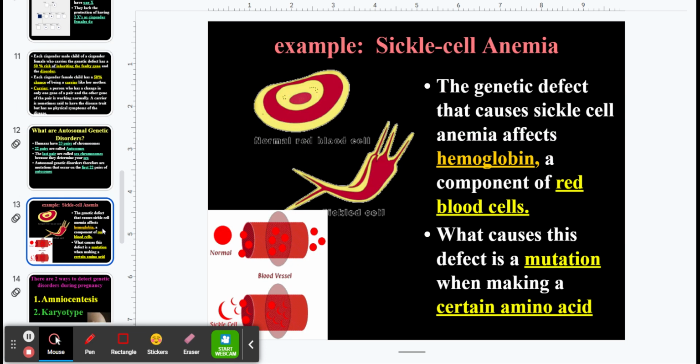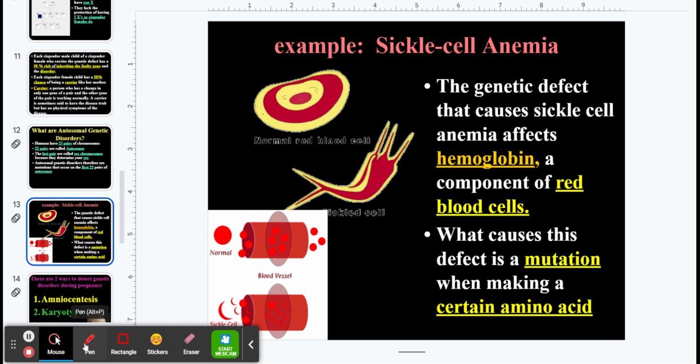Okay, so for example, sickle cell anemia is an autosomal genetic disorder, and it impacts hemoglobin, which is the chemical in your blood that carries oxygen and makes it turn red or that purpley color.